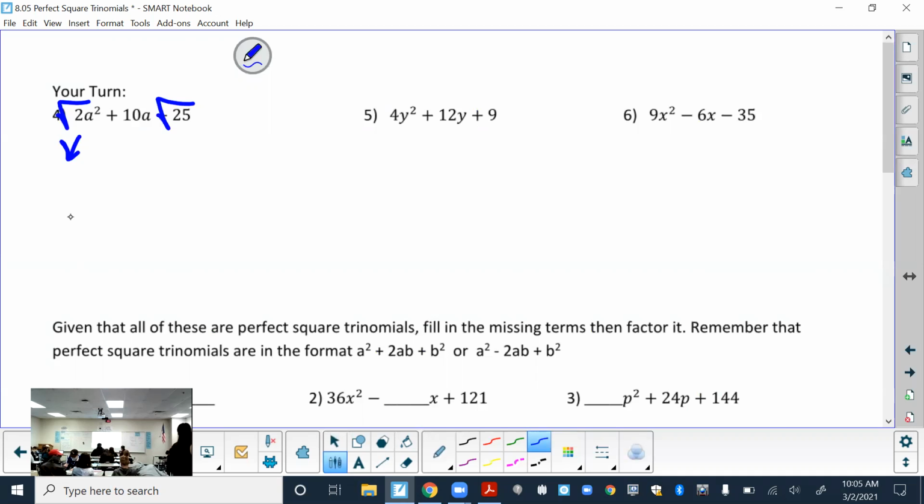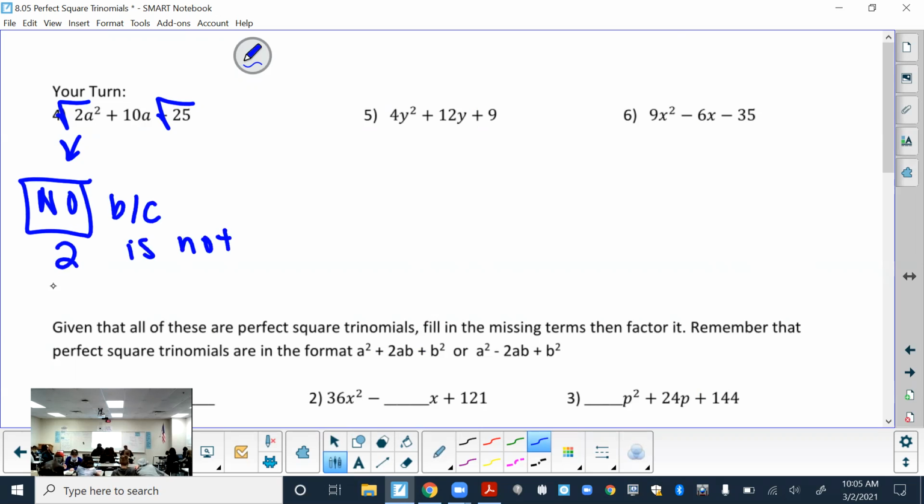So is 2 a perfect square? No. All right, because 2 is not a perfect square. So if it's not a perfect square trinomial, you were supposed to say why. Because 2 is not a perfect square. Okay, boys.